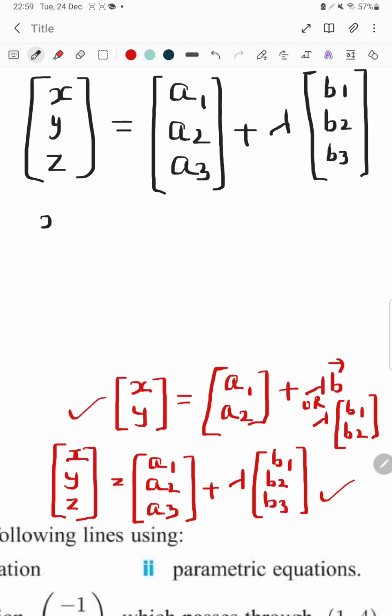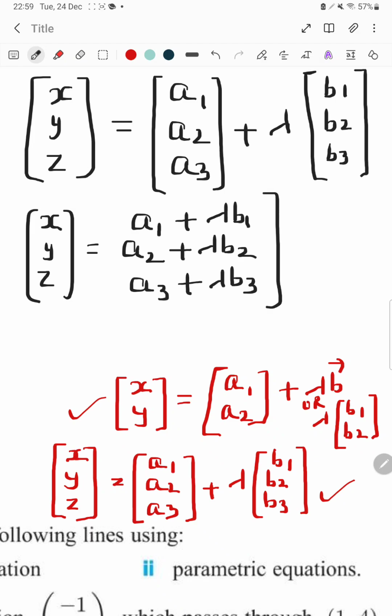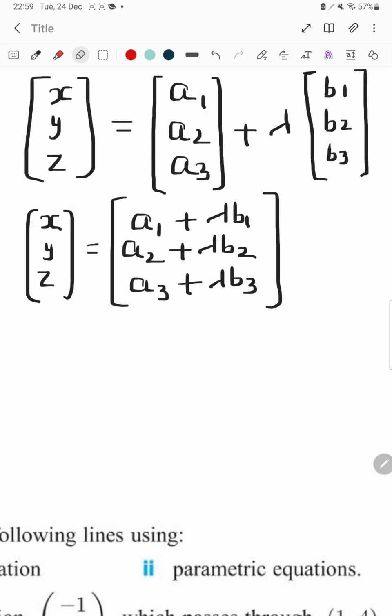Now if I say again x, y, z, because it is a vector, on the right side I can add up these vectors, so it will be a1 plus lambda times b1, a2 plus lambda times b2, then a3 plus lambda times b3. Now these are two vectors with an equal sign in the middle, so we can equate the components.